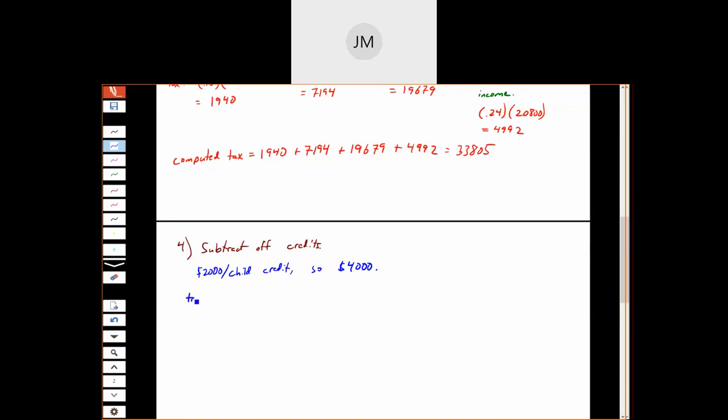So the tax is going to be $33,805 minus $4,000. So that's the total amount of tax that this family owes for the year. And then as a last step, we find the amount owed or refund.